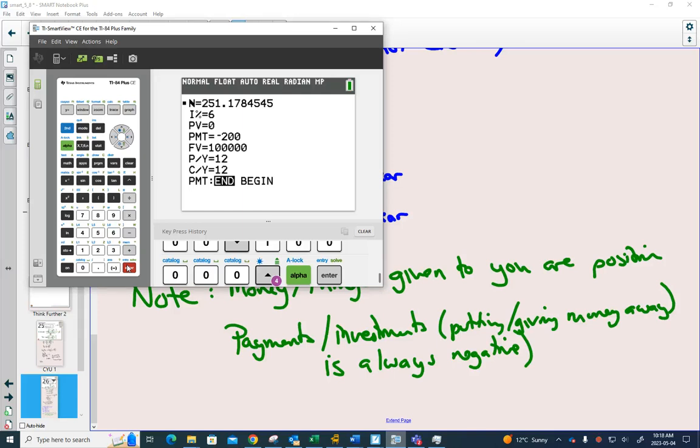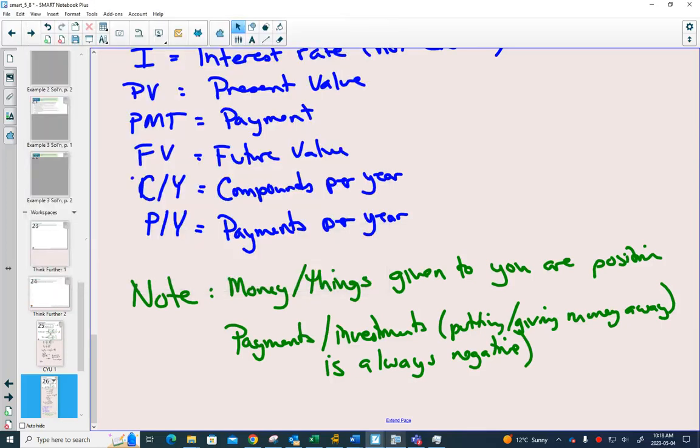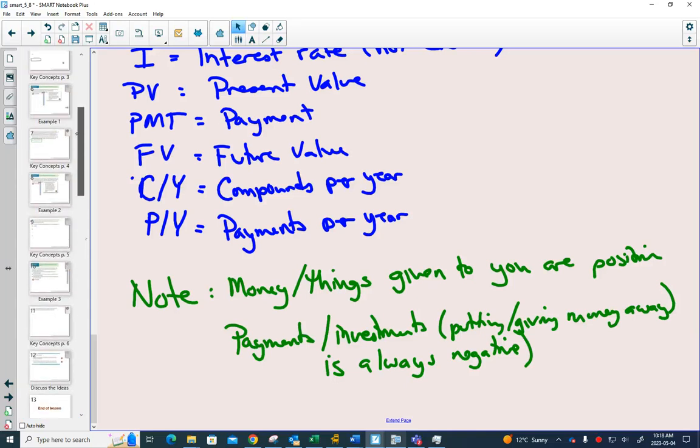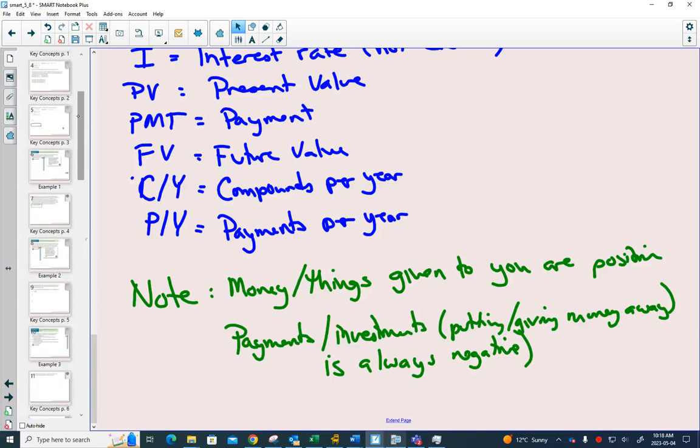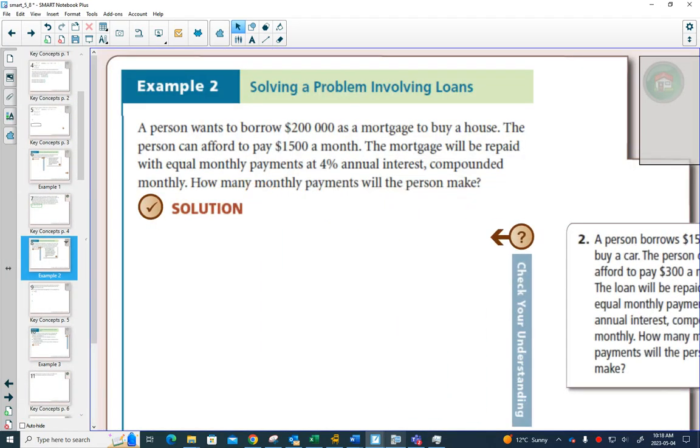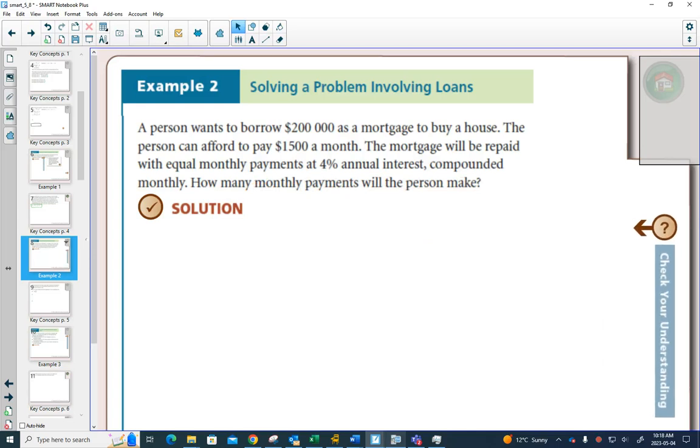And now we are going to get into some interesting math, because we are going to look at the example that was done, example 2, but we're buying a house. So if we go to the actual example number 2 here, a person wants to borrow $200,000 to buy a house.